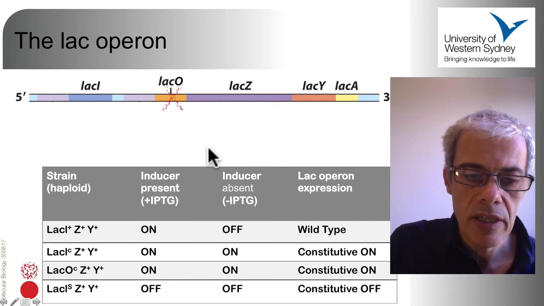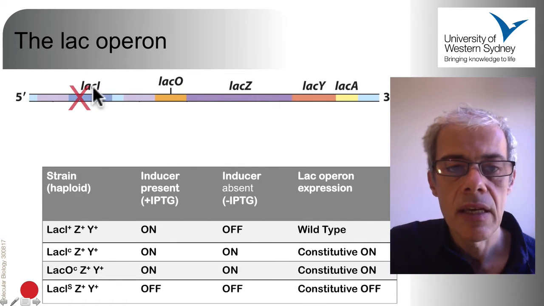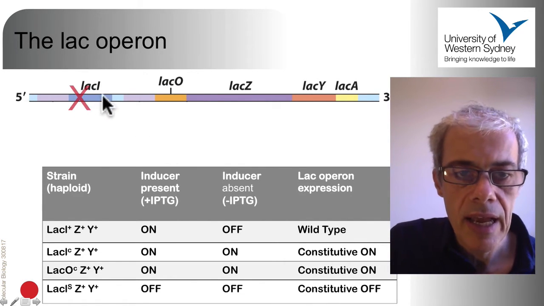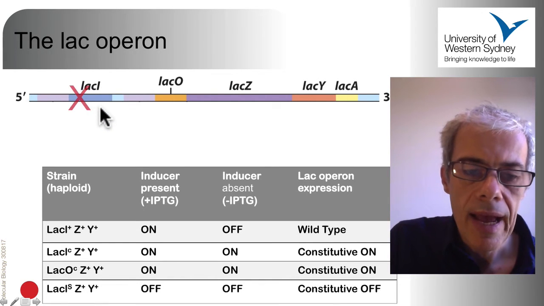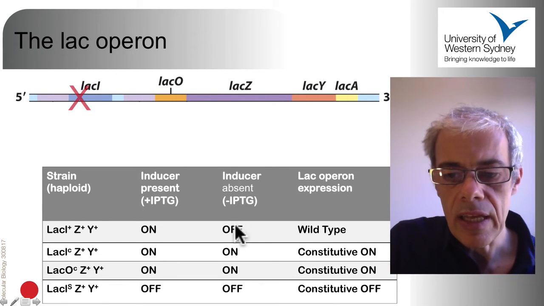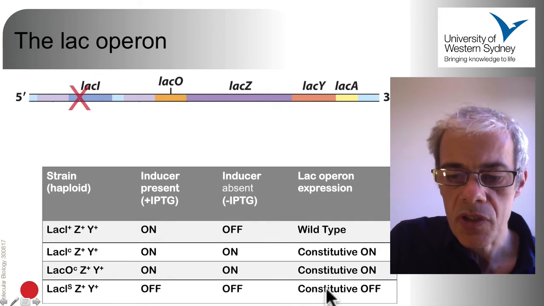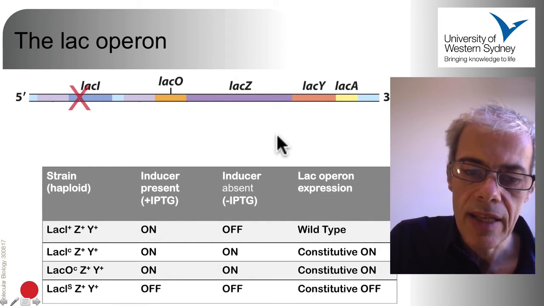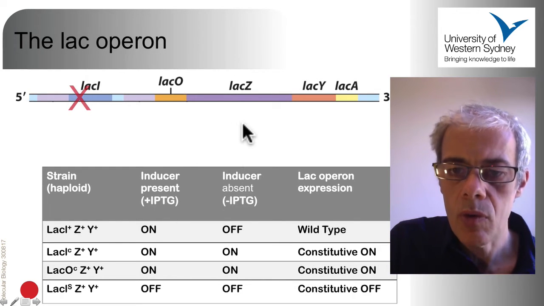They also identified a mutant, again, that mapped to the LAC-L gene, and in this mutant, the Lac Operon was constitutively off. So in the presence of IPTG, there was no blue color.